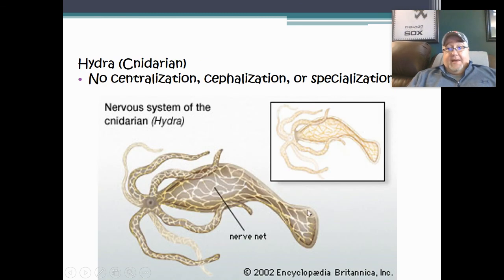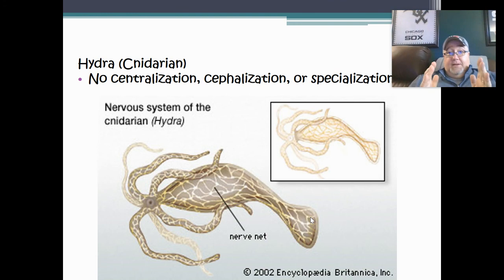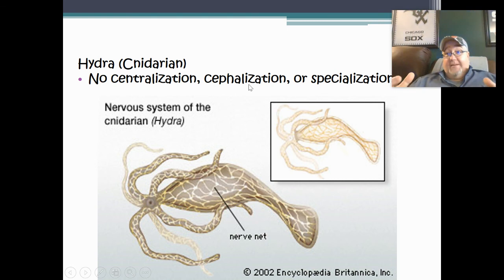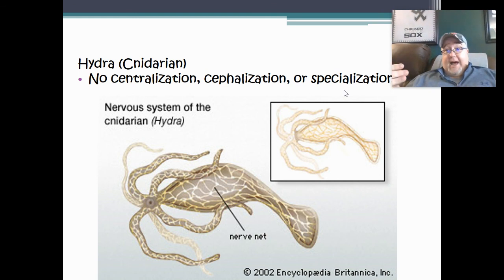Centralization basically means that in the center of the body, like through the middle of your back and even up through your head, that's where all your major nerve endings are. Cephalization, we talked about last week, is having a head area. And specialization means that we have specialized organs that help us respond to things in the environment, things like eyes and ears and all that.